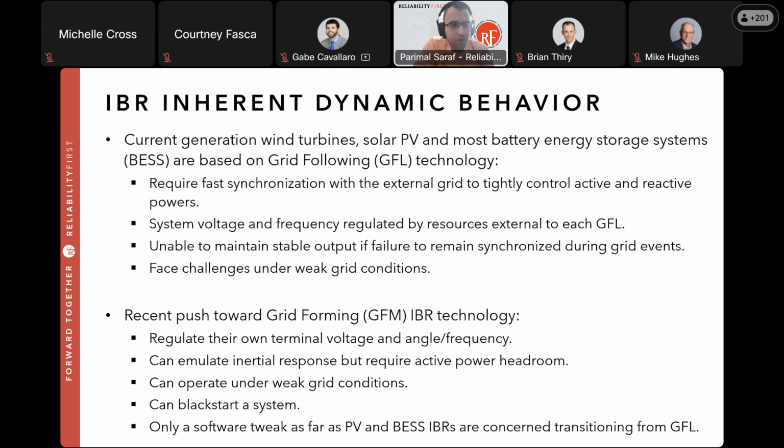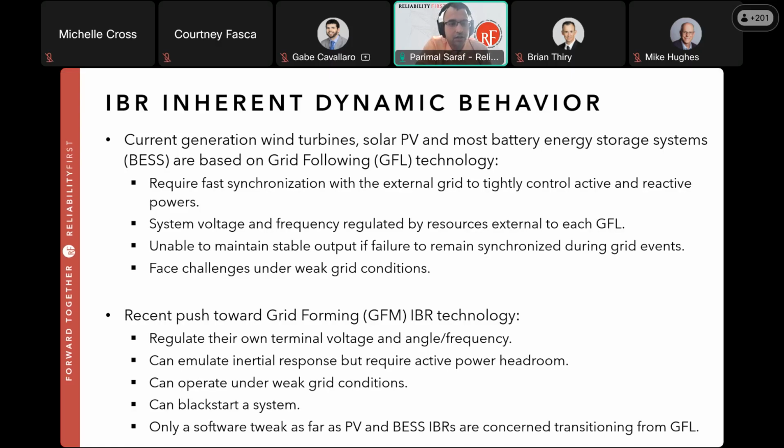Most of the current installed IBR based generation, which is wind, solar, and battery, is based on grid following technology. Grid following technology essentially requires synchronization to an external grid, as I mentioned, through a PLL, to tightly control active and reactive power outputs.